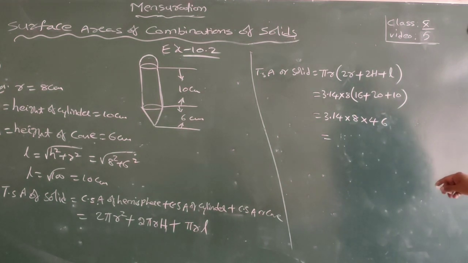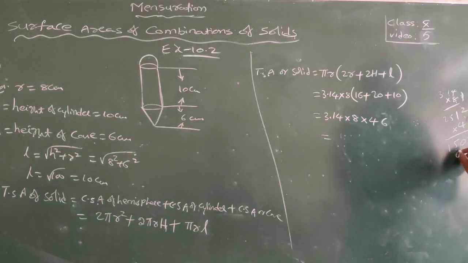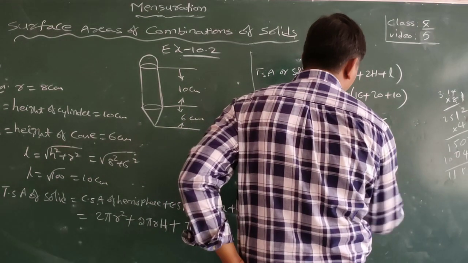So 3.14 into 8: 8 fours are 32, 8 ones are 8 plus 1 is 9... then 46 multiplied through, and adding up, the answer is 1155.52 centimeters square.